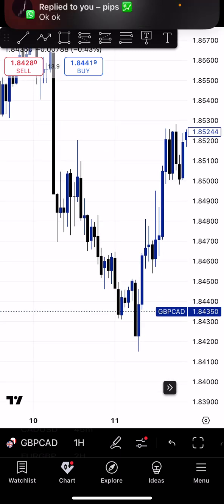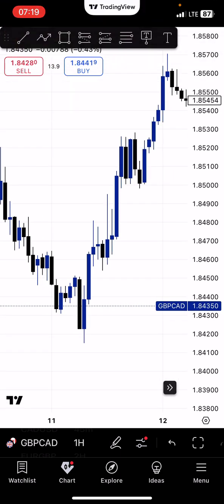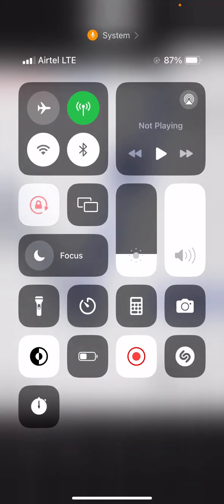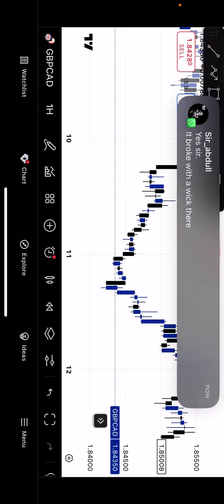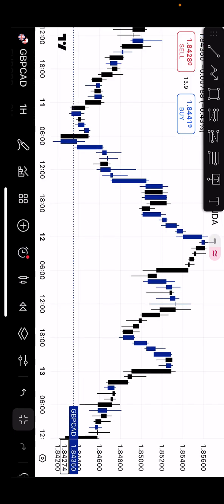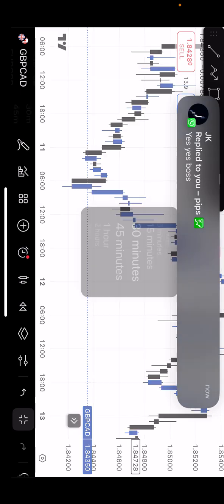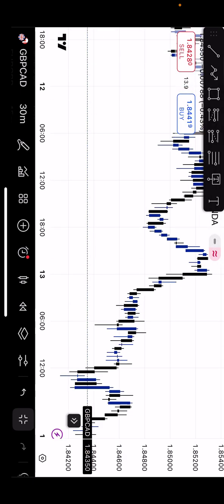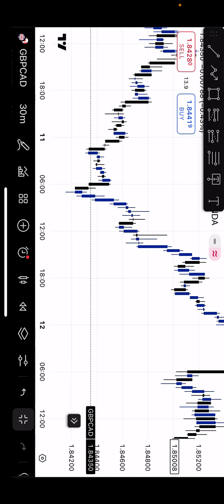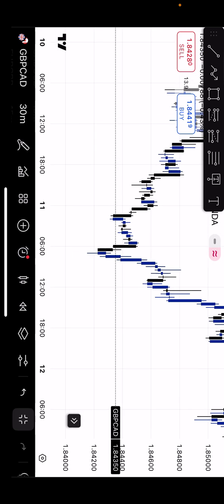Let me use, I don't know if this was the chart we used yesterday, but let me use this chart. Looking at this chart, I think this was the chart we used yesterday. Let me change this chart.